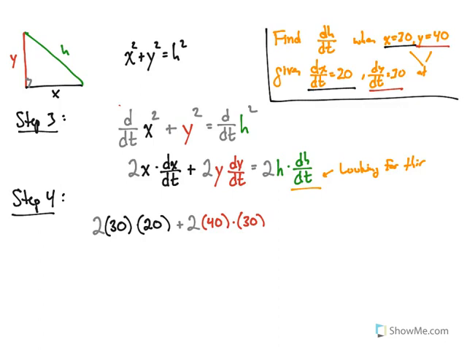And that's going to equal on the other side 2 times, maybe we don't know what h is. We're looking for dh/dt. So actually there is another problem here. We don't know what h is, but we can find it pretty quickly using the Pythagorean theorem.